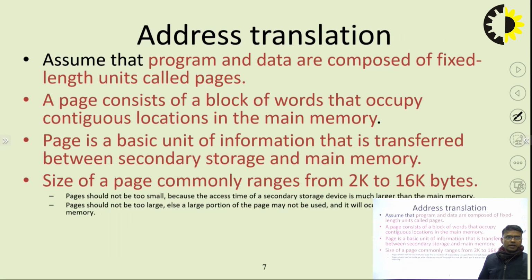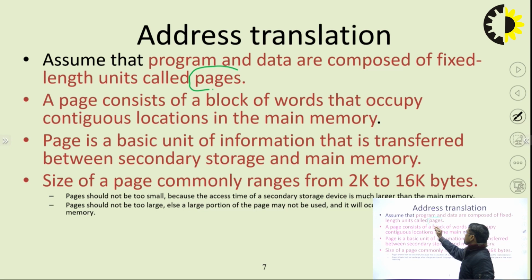So, assume that a program and data are composed of fixed-length units called pages. We said that there is a piece of a program; this piece of program is now known as a page, and it is of fixed size.